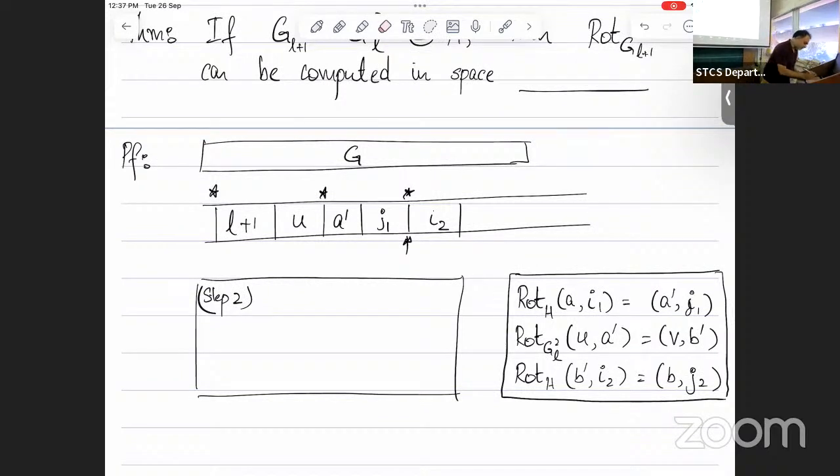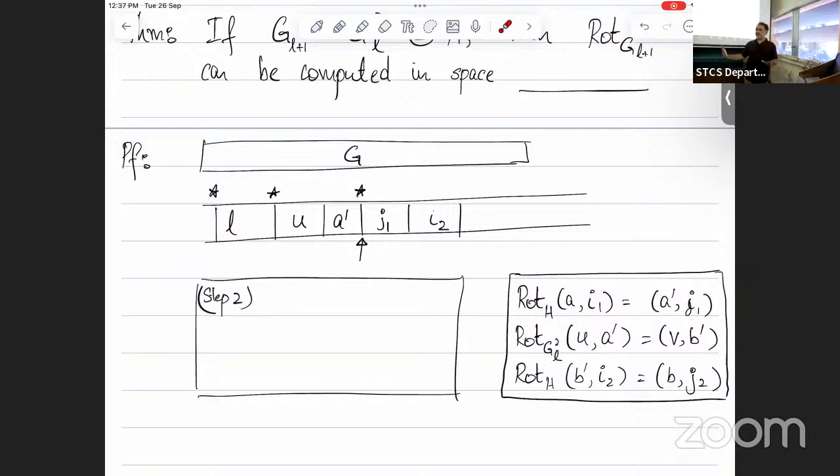What do I do in step 2? I first have to decrement this L plus 1 to L, then remove the stars and maybe put a star here. Move my head to this location, and now run the rotation map of GL. When I'm running the rotation map of GL, I'm crucially using the fact that there is stuff to the right and to the left of my tape, which I don't want to mess up, because that is there for something I need to do afterwards.